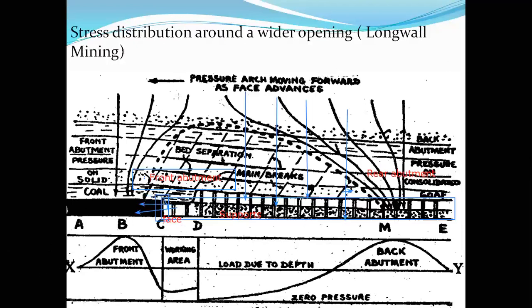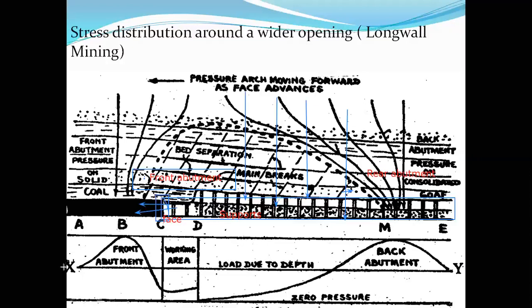Certain portion got redistributed here, some portion went to the front abutment, and the second to the rear abutment. And whatever the immediate roof that is present collapses into the void that got created due to mining activity. So here a void got created, and the roof collapsed and filled that entire gap here.